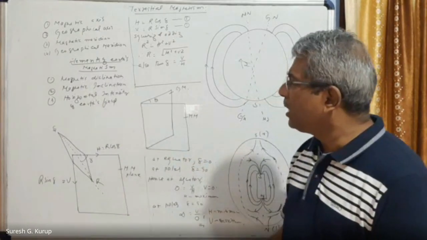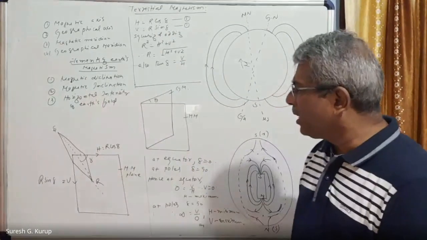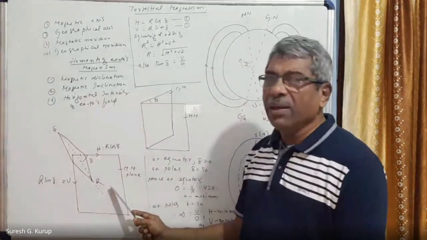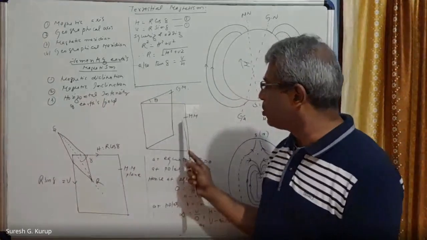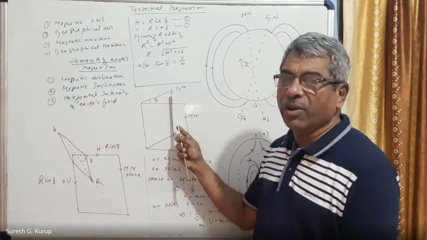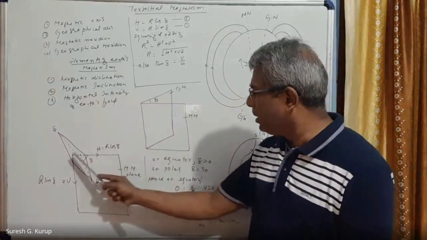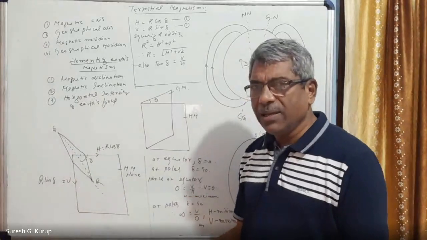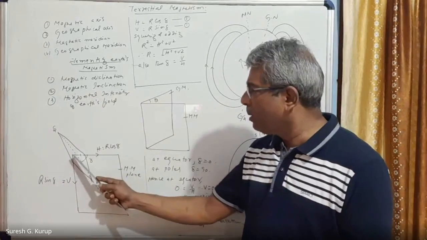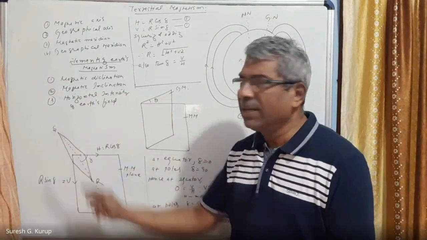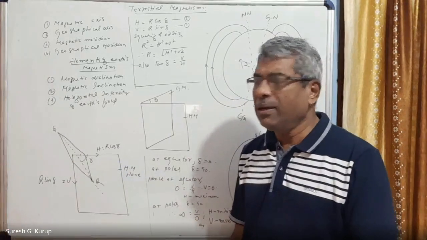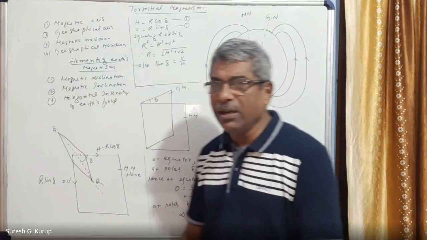Other is magnetic inclination. Magnetic inclination means if you suspend a magnet in the magnetic meridian plane. This is the magnetic meridian plane and this is the geographical meridian plane. Now I am separating the magnetic meridian plane like this. It's a vertical plane only. On the vertical plane at this point, if you suspend a magnetic needle like this, magnetic needle means one that can vibrate, that can deflect, right?